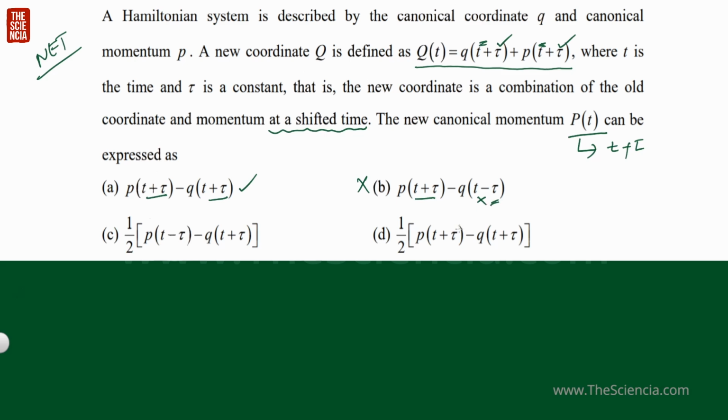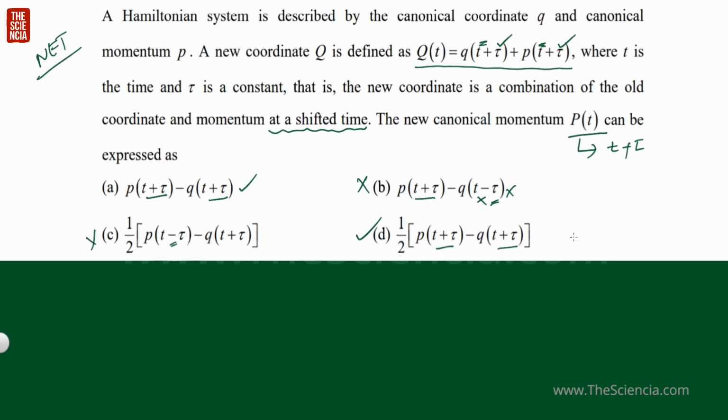In the coordinate time is increased by tau, so in the momentum also time will be increased by tau. So this one is not possible. And this one is minus tau, so this is not a possible one. And here it is t plus tau, t plus tau. So A or B will be the correct answer.